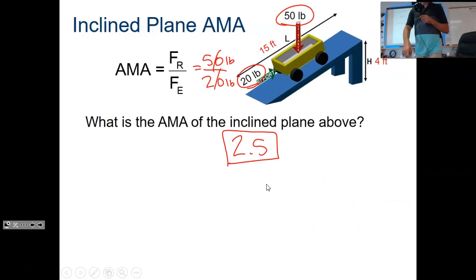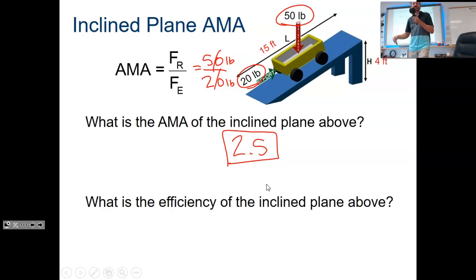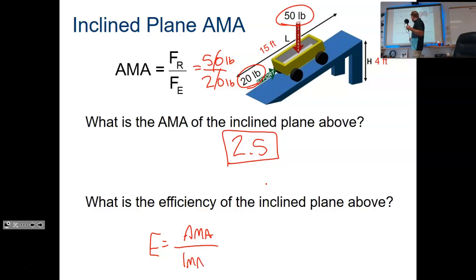So now you can calculate your efficiency. How efficient is this? If you remember the last couple, they were in the 80s, like 80%-ish was a pretty good number. The efficiency is actual divided by ideal. The actual mechanical advantage is 2.5, and the ideal mechanical advantage was 3.75.